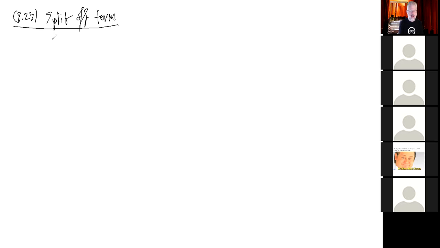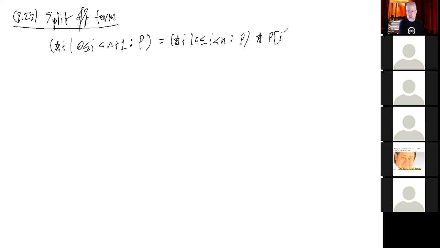So split off term says the sum over I, 0 at most I less than n plus 1, of p, equals the sum over I, 0 at most I less than n, of p, plus p of I gets n.